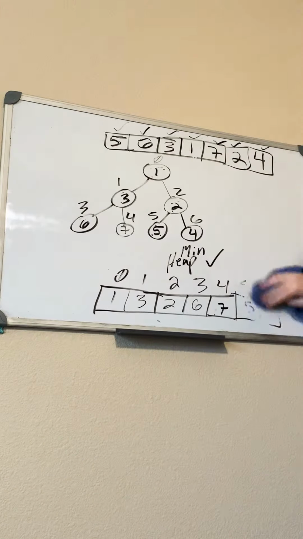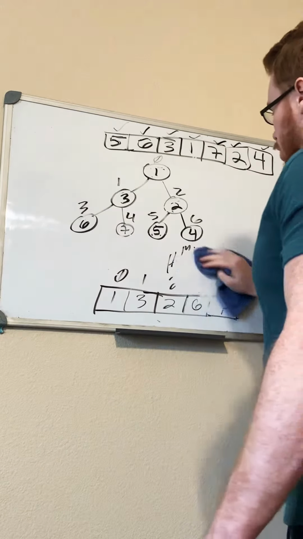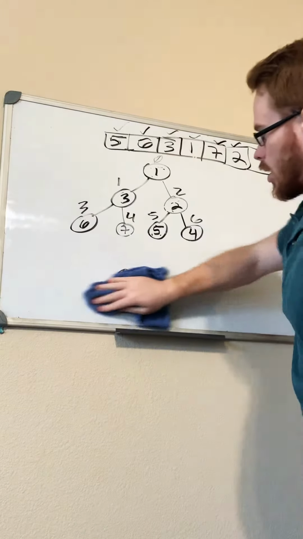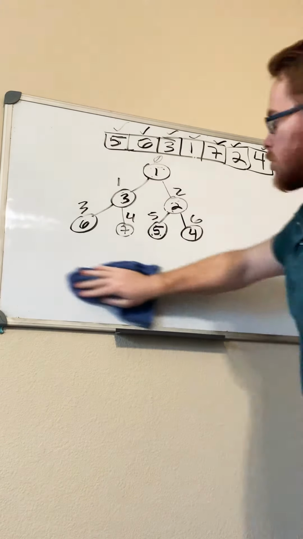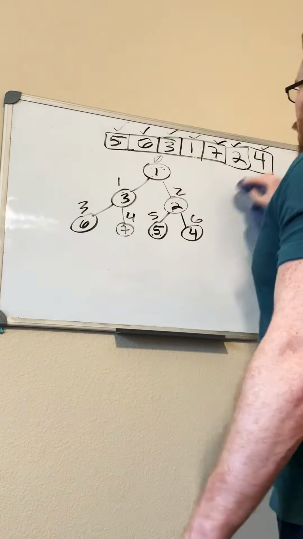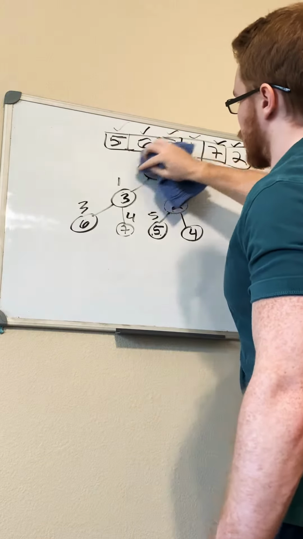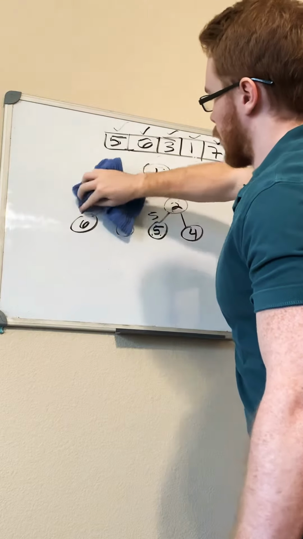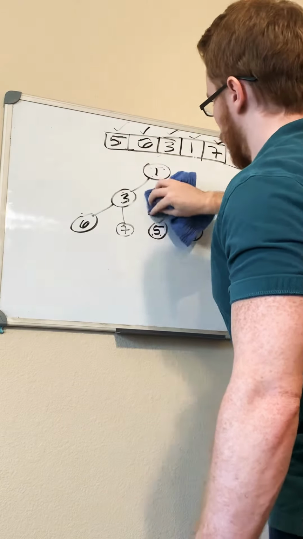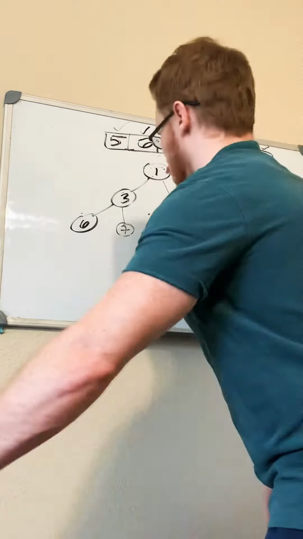Okay, so now I'm going to go over deletion really quick. Just a high level, there's a couple different things. Let's get rid of these little guys here, these indexes. Just clean it up a little bit.